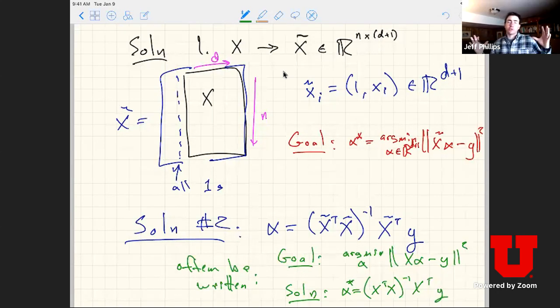So often we'll just write it this way without the tilde on the x, because it's a cumbersome notation.